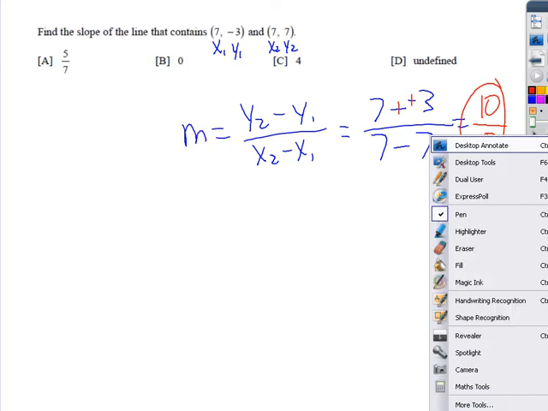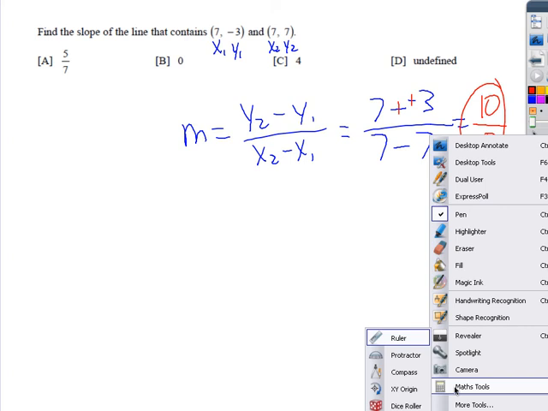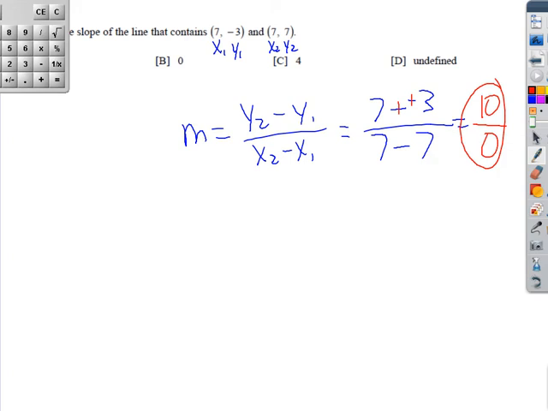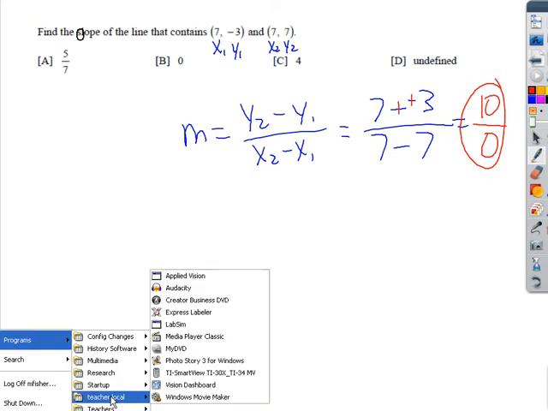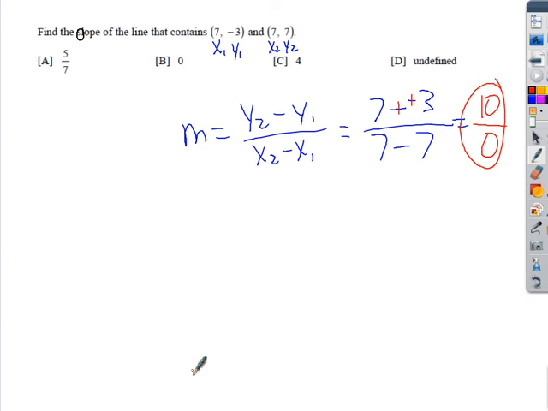Math Tools. Calculator. Oh, come on, Mr. Fisher. I don't even think you can see this on your screen. Bear with me a second. And there it is. We'll get our calculator going here in just a second.